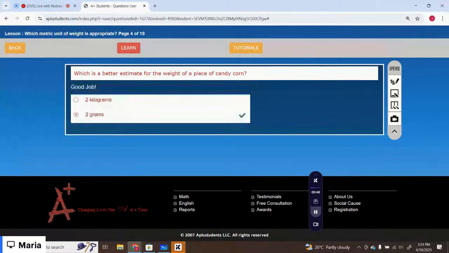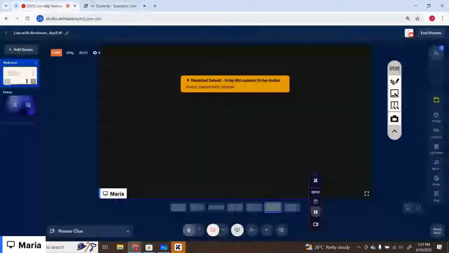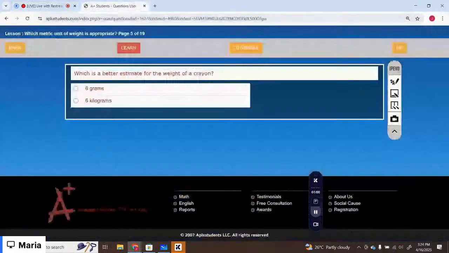That would be 2 grams. 6 grams, 6 kilograms.